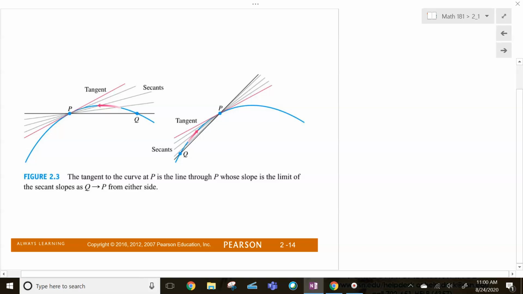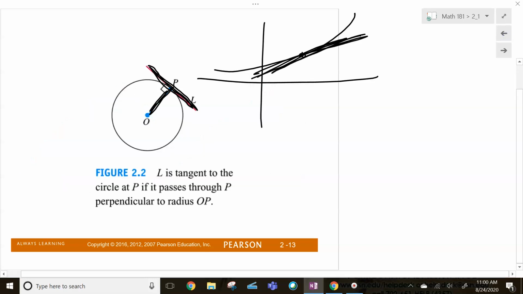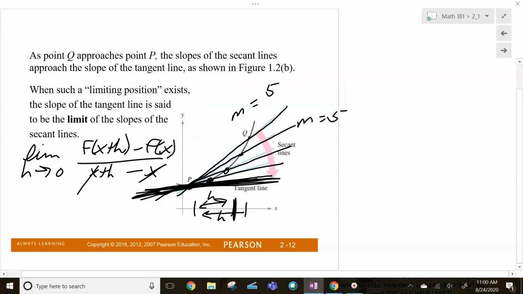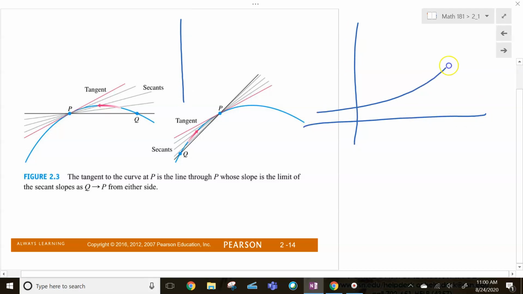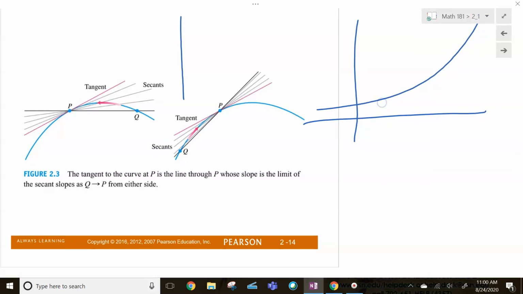So with a curve, let me draw my own here. If I'm trying to find the slope of the tangent right there, I'm going to use the slope of the secant.